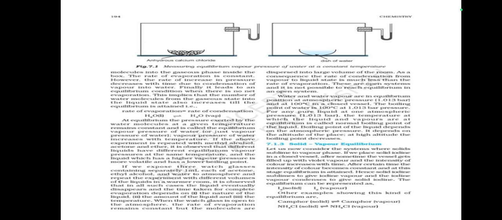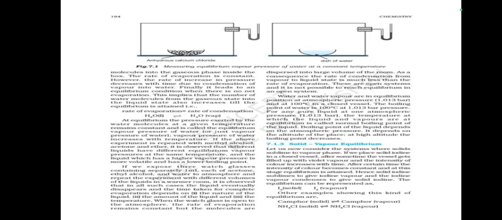For any pure liquid at 1 atmospheric pressure, 1.013 bar, the temperature at which the liquid and vapors are at equilibrium is called the normal boiling point of the liquid. The boiling point of the liquid depends on the atmospheric pressure. It depends on the altitude of the place. At high altitude the boiling point decreases.